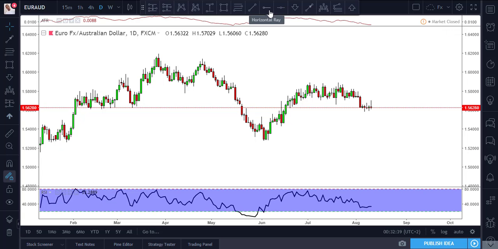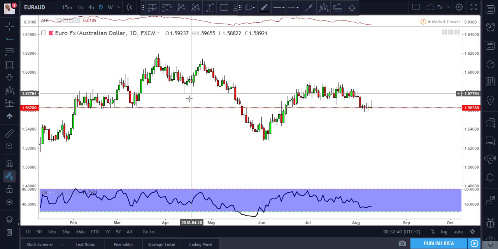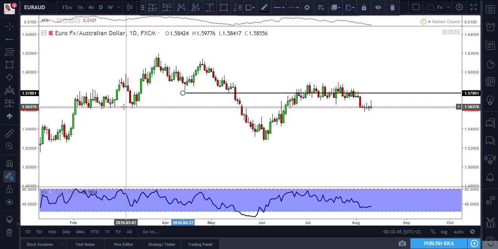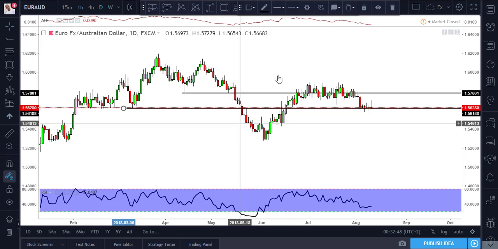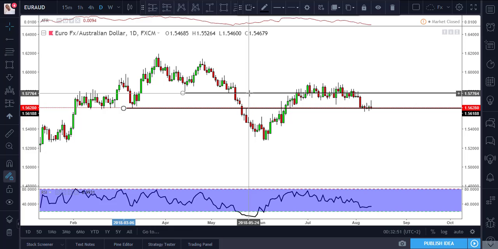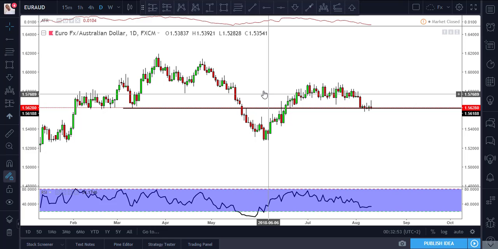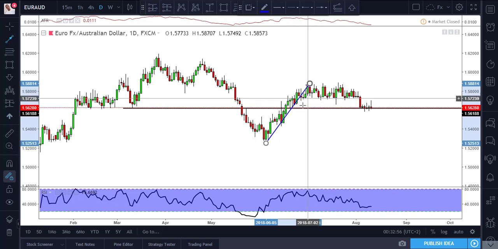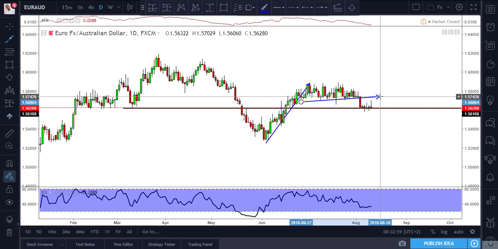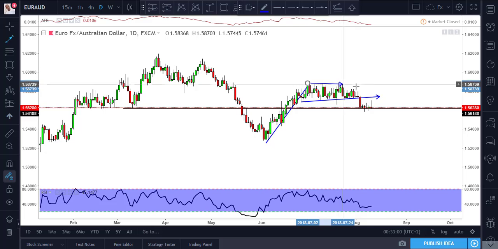As soon as the market has given us a break below, close below of these levels right here, and another break below, close below of this level right here, the market began to retrace back and then form a consolidation right here.